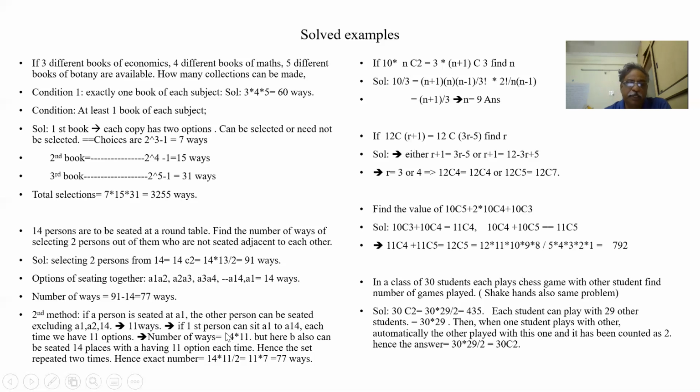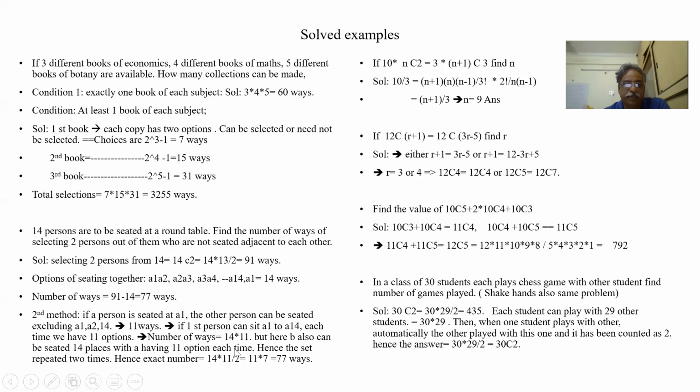But here some are getting repeated, because when A sits from A1 to A14, B also changes from A14 to A3 to A11. There is some superimposition. B also can be seated in 14 places with 11 options for A. So 2 are getting repeated. So divide by 2.